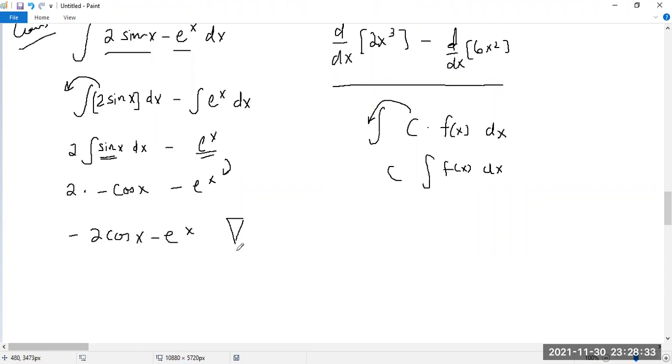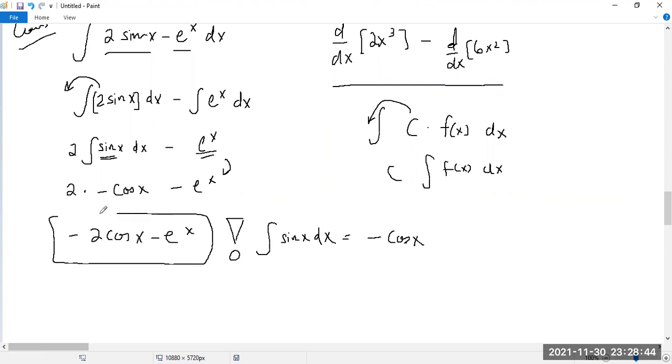But why did I say that the integral of sine of x dx is negative cosine of x? Just remember, this is our answer for now. Well, the idea is that this can only be the integral of this if you can take the derivative of the integral and get back the original function.